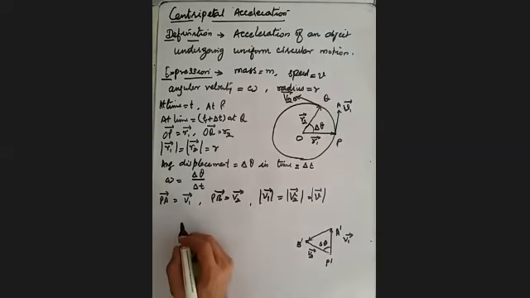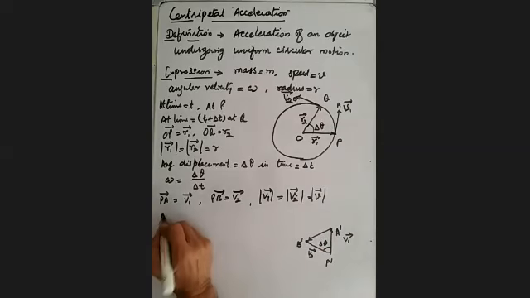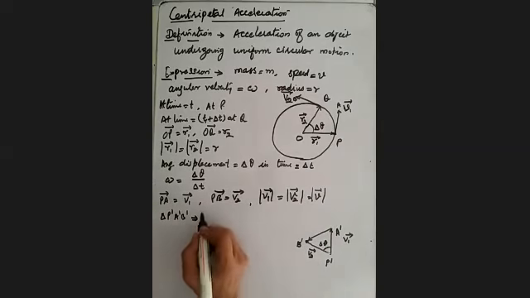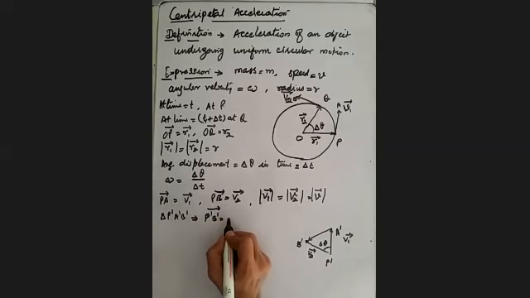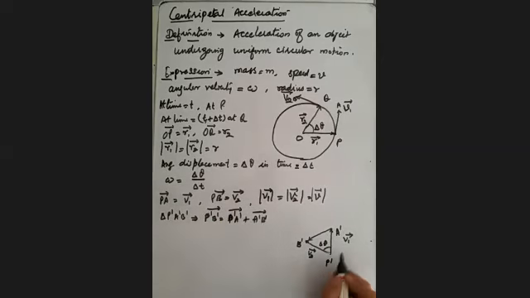So from the vector triangle P dash A dash B dash, we can say that P dash B dash vector is equal to P dash A dash vector plus A dash B dash vector, because these two vectors P dash A dash and A dash B dash are in the same sense, and this is the resultant of the two.